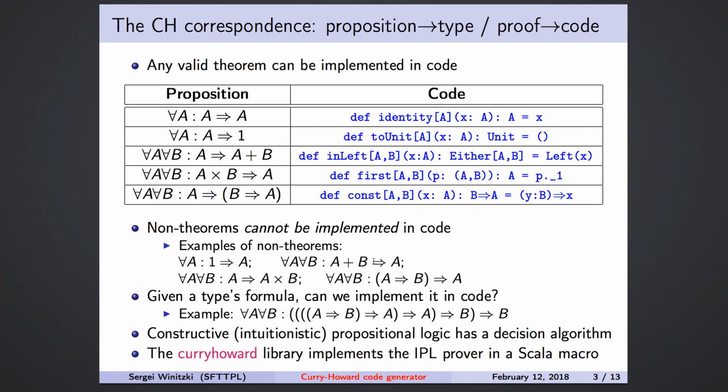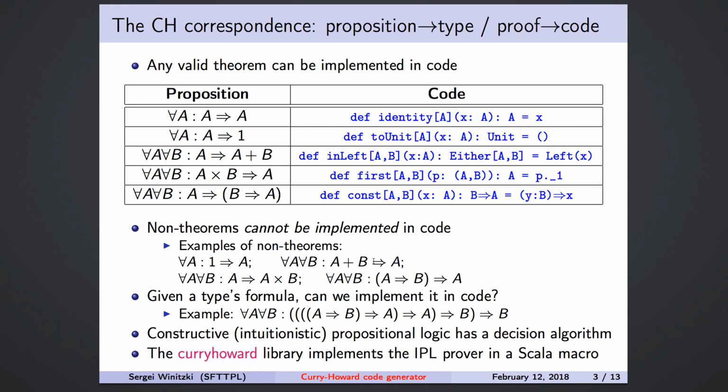And if you cannot write code for the function, you cannot write the proof of the formula, and vice versa. If you cannot prove the formula, then you cannot write the code for the function. So these are equivalent. So this is a second side of the correspondence. Not only that types correspond to formulas, but proofs of the formulas correspond to code.